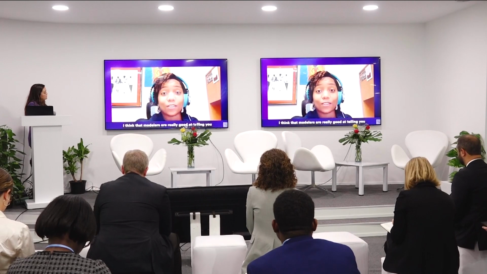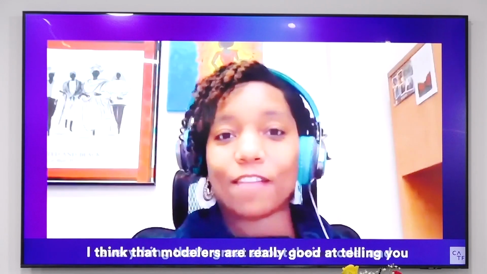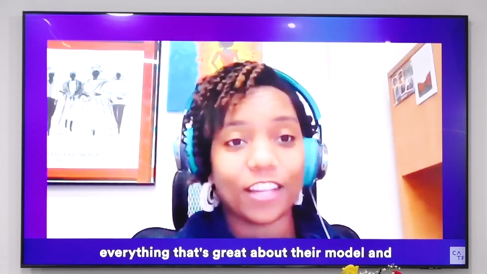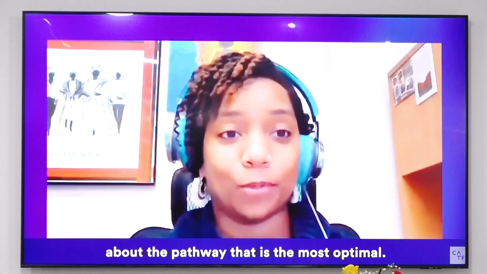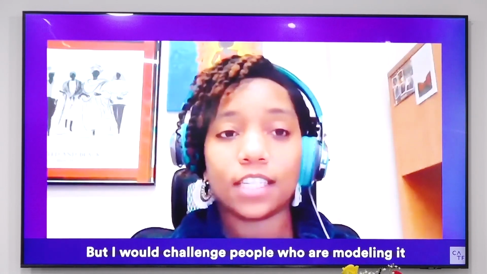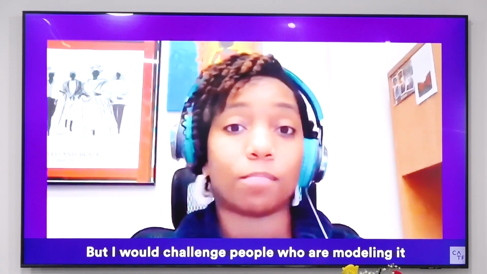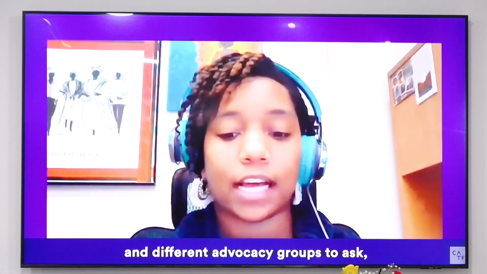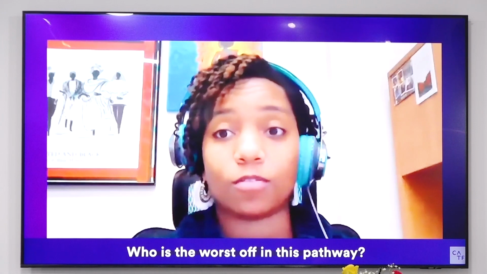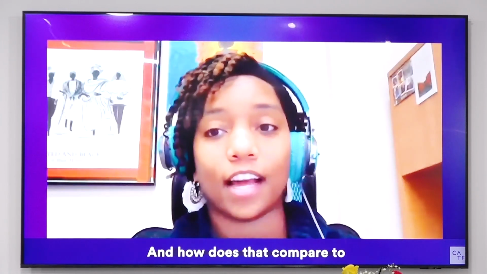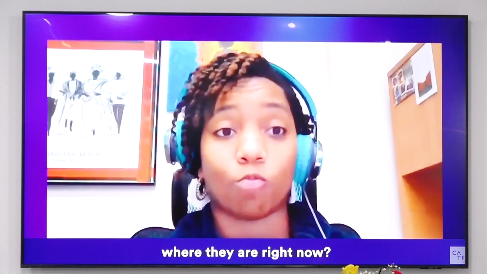I think that modelers are really good at telling you everything that's great about their model and about the pathway that is the most optimal. But I would challenge people who are modeling it and different advocacy groups to ask, who is the worst off in this pathway? And how does that compare to where they are right now?